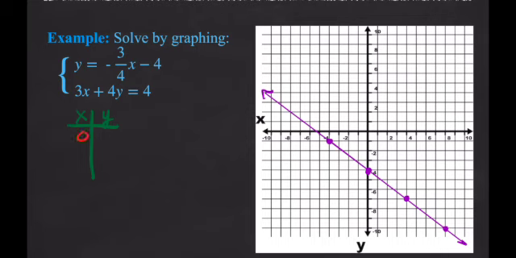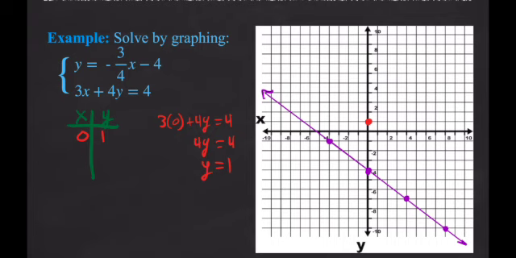So if we have x be 0, this is 3 times 0 plus 4y equals 4. So 0 plus 4y equals 4. So in other words, y in this case is equal to 1. So at 0, we are at 1.